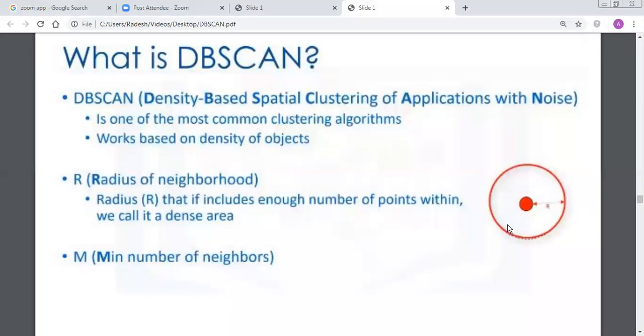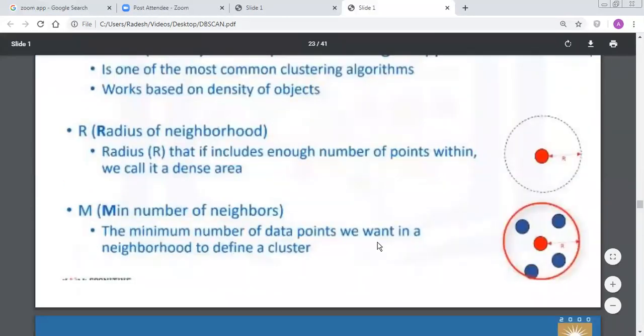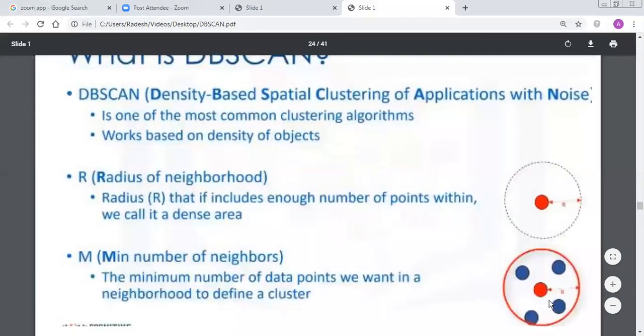The minimum, just what we have seen. Suppose we have taken 4 or 3 as the minimum randomly, then all those points need to fall in this particular circle. So the minimum number of data points we want in a neighborhood to define a cluster is something like 5 or 4.